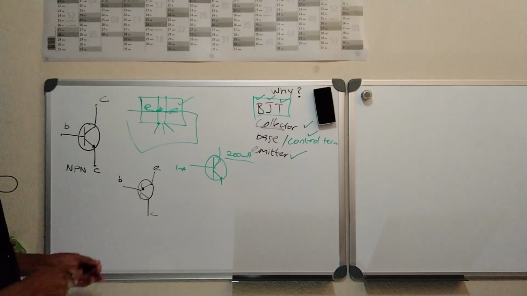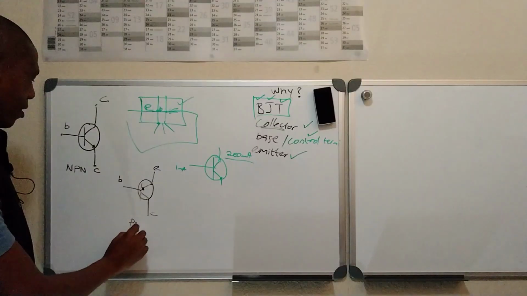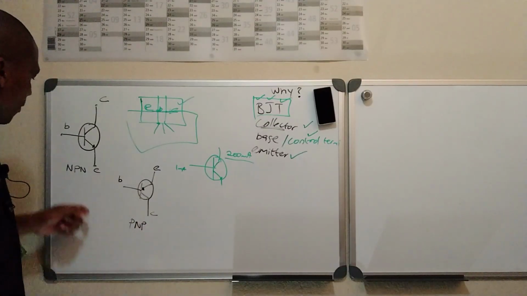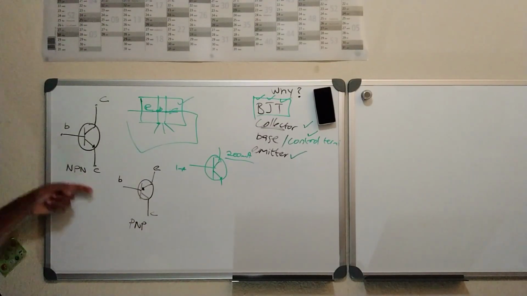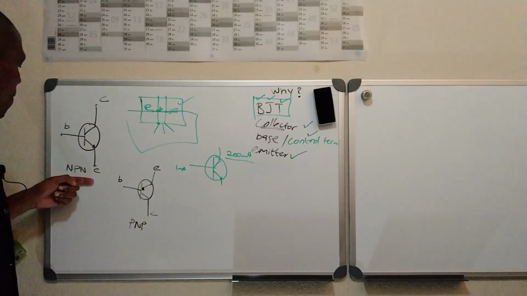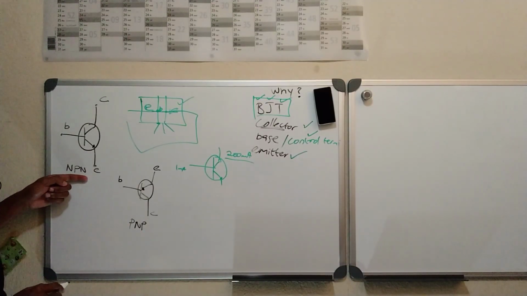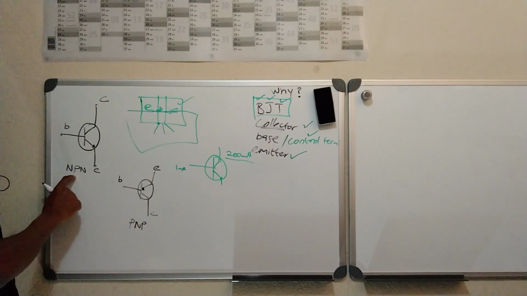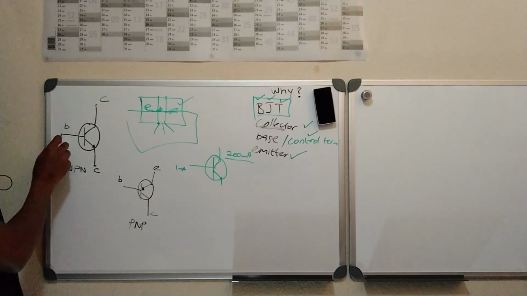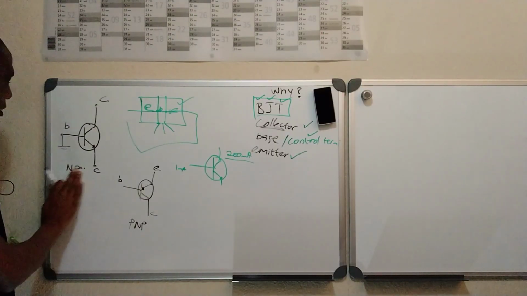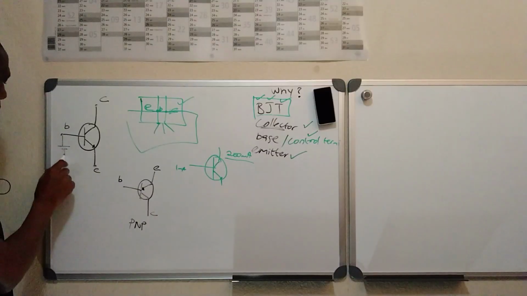Now, okay, this one is a PNP. This one is widely used as compared to this one, the NPN. Now, to power this, I didn't teach you this one, so I'll just tell you. To activate this, you need to supply the base emitter with a positive supply.